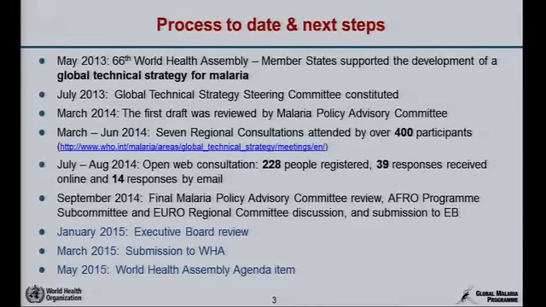First of all, this document will be reviewed by the Executive Board of WHO in January, and there will still be room for some amendments until it is finally submitted to the World Health Assembly in March and hopefully approved by the World Health Assembly in May next year.